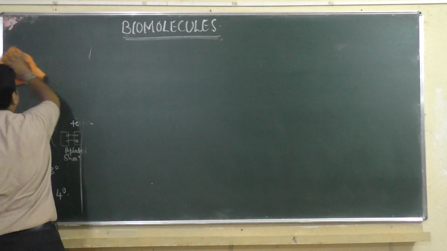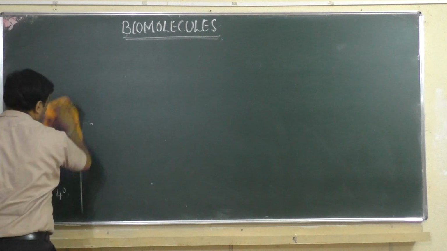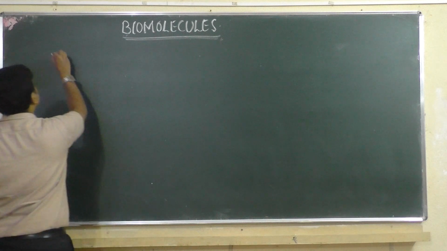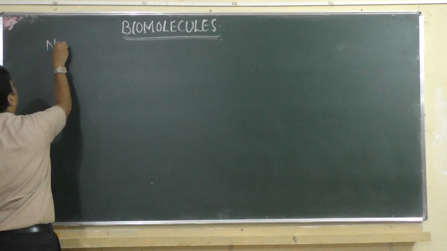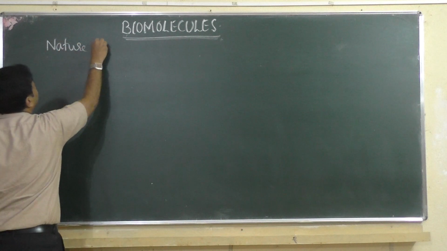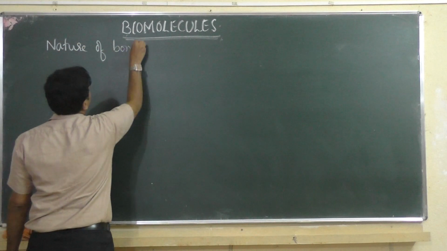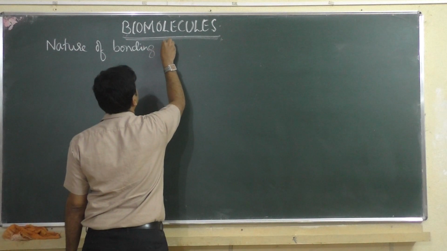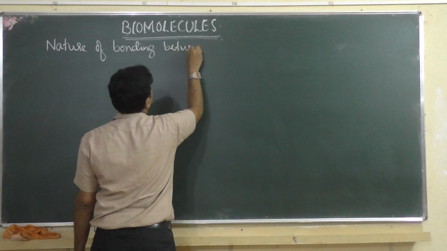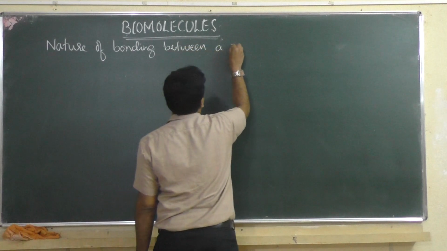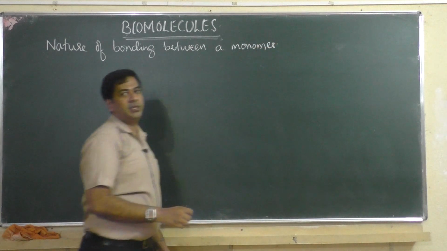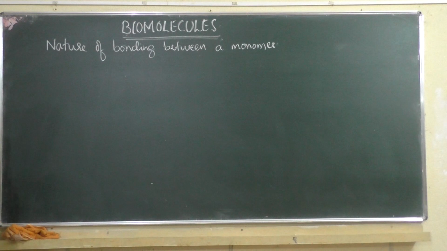Today we will learn about what kind of bonds are there between biomolecules. Which type of bonds are there, like the nature of bonding between monomers in a polymer, or linking monomers in a polymer.